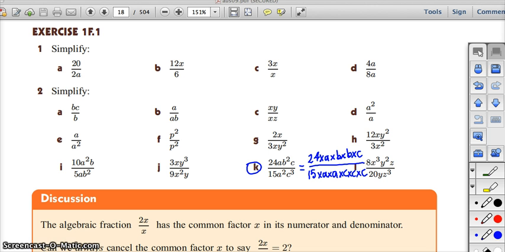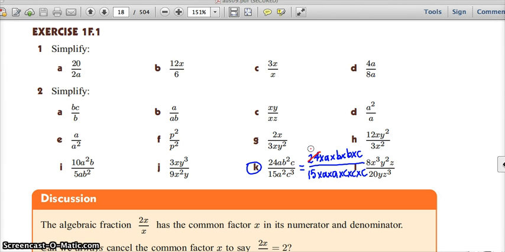How many 3s go into 24? 8. How many 3s go into 15? 5. So we've simplified them.